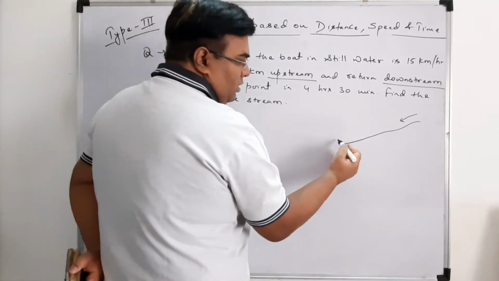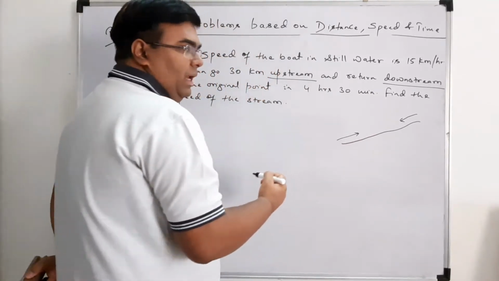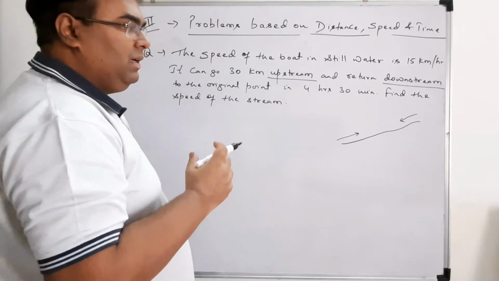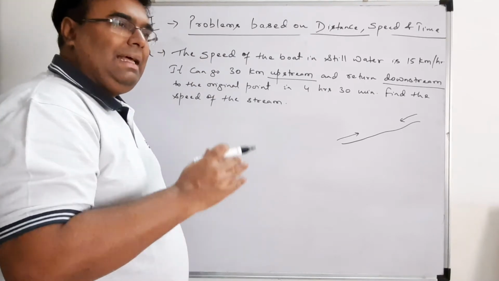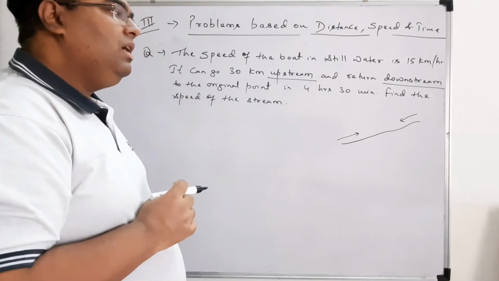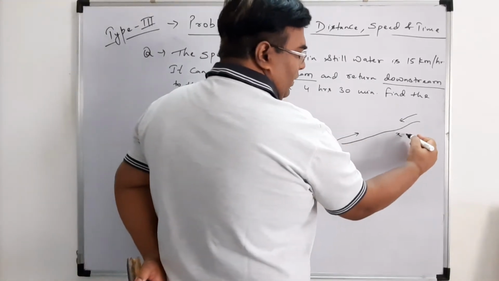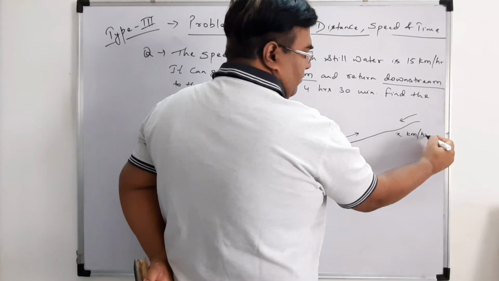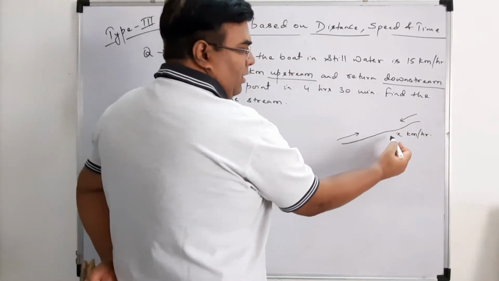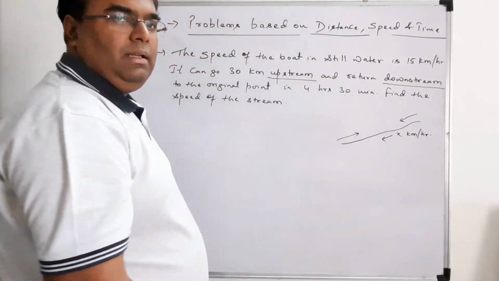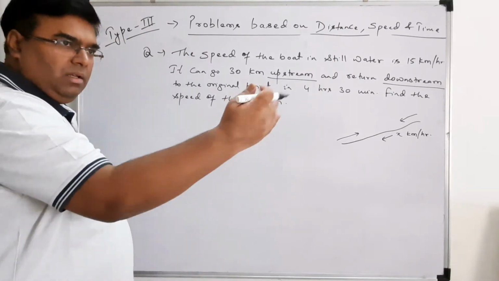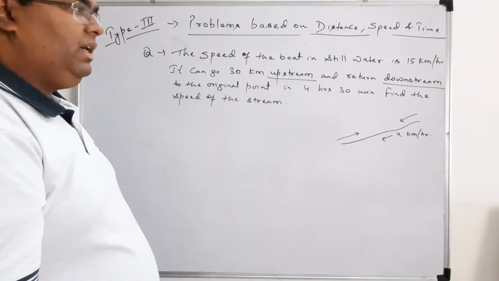And when it goes upwards, it is called upstream, and of course its speed will be lesser than its original speed. Suppose the stream is moving at the speed of x km per hour in downward direction. Of course the river will go in downward only, right?